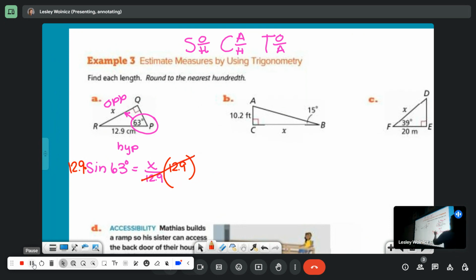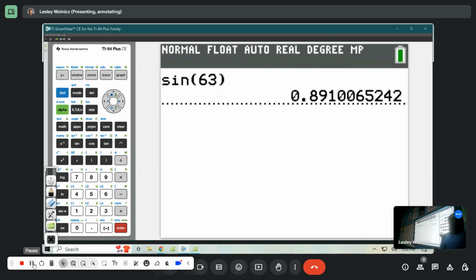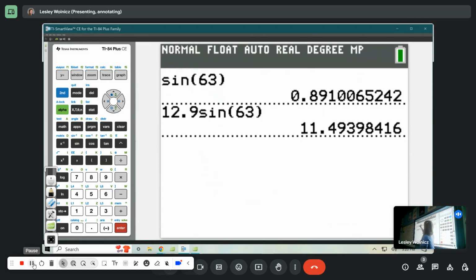In order to find x, my opposite side, I just have to take the sine of 63 and multiply it by 12.9. So that's what I put in the calculator. I do 12.9 times sine of 63, and it takes this number and multiplies it by 12.9. Did it say nearest hundredth? So 11.49.